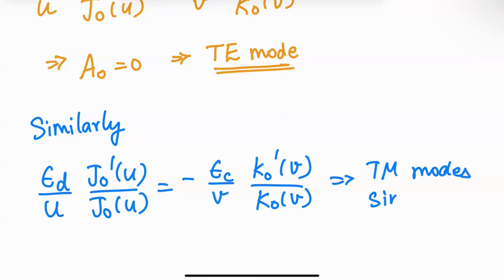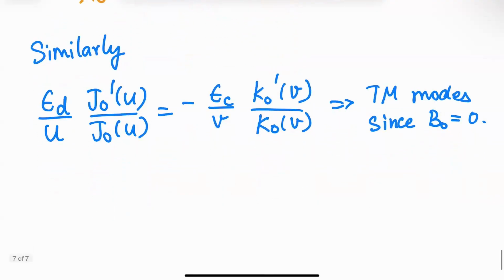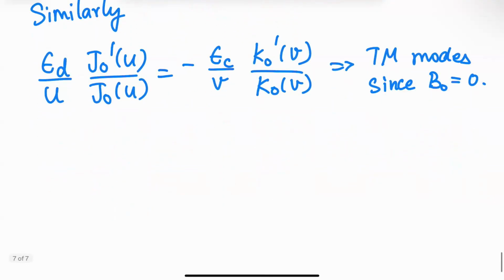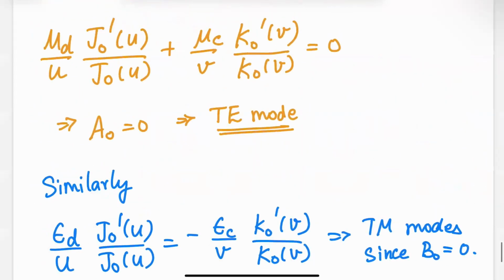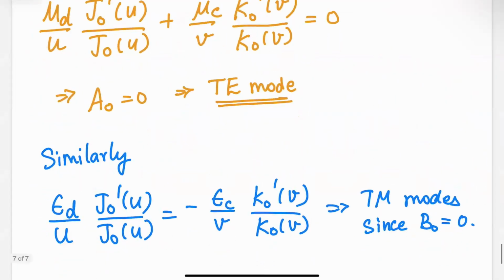Since this is the same thing as putting B0 equal to 0, this implies that B0 must be 0. Okay, so essentially you have these two transcendental equations.